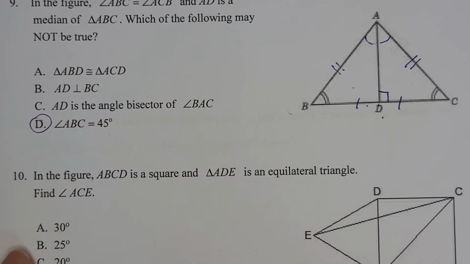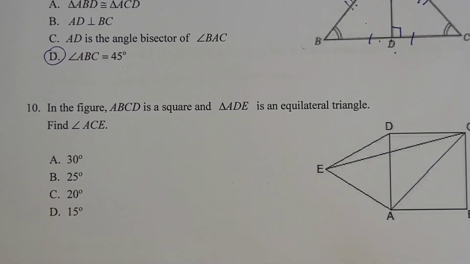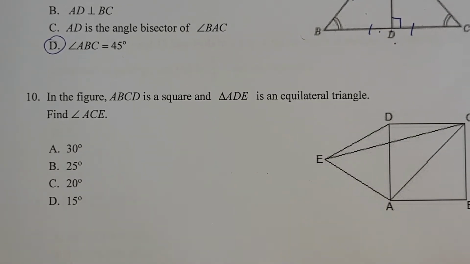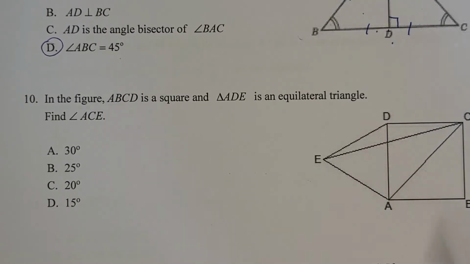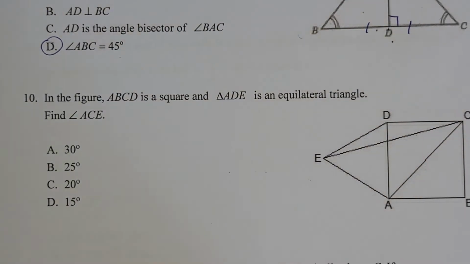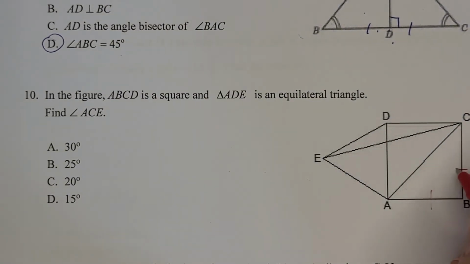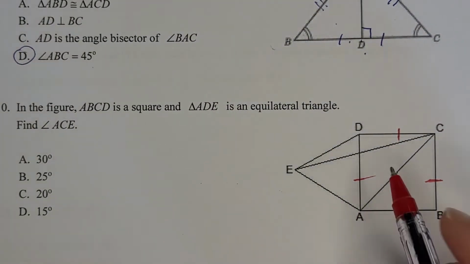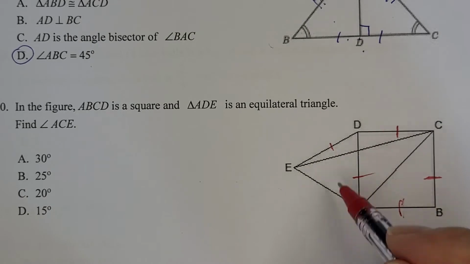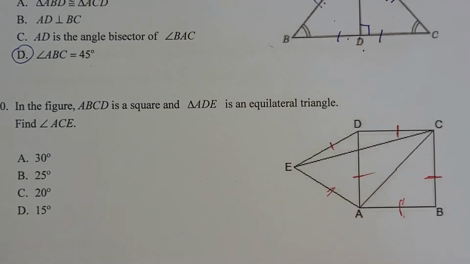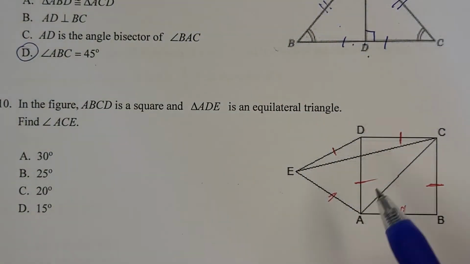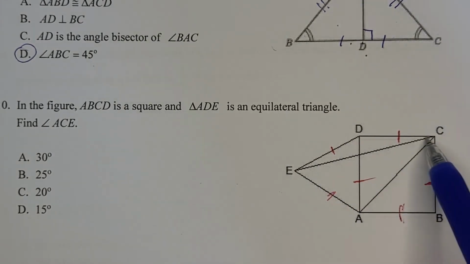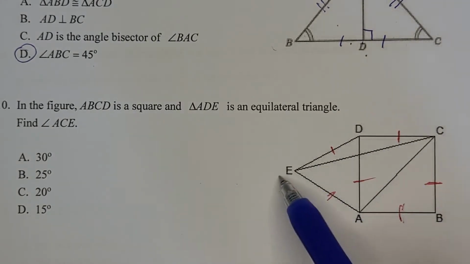Question number 10. In the figure, ABCD is a square and triangle ADE is an equilateral triangle. The key observation is that these four lengths are equal because it's a square. Also, in this equilateral triangle, these two lengths are equal. Hence, there's a hidden isosceles triangle, DEC.